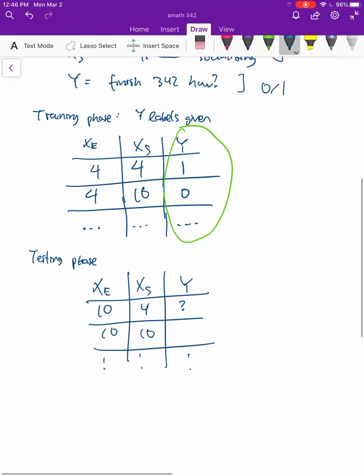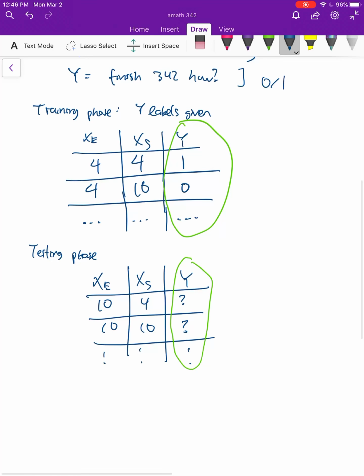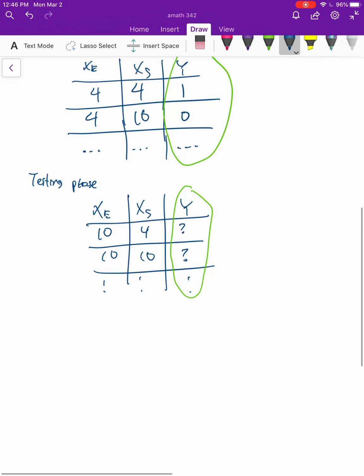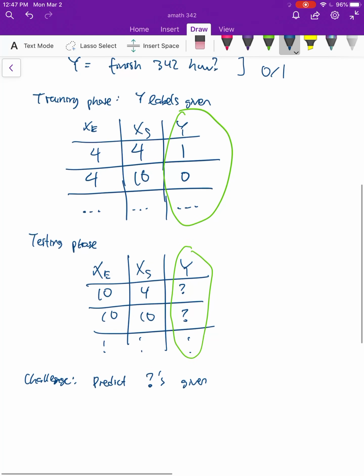Can you tell me whether or not I would be able to finish my homework? So the binary classification task is then the challenge: predict the missing y's, given that you already know the training phase labels, given training data.